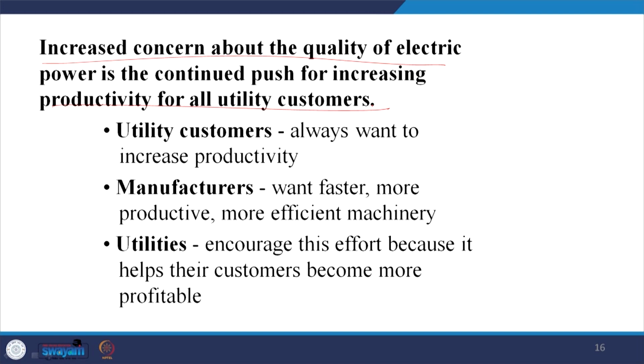Utility customers always want increased productivity, and manufacturers want faster, more productive, more efficient machinery. Utilities also encourage this effort, because it helps the customer become more profitable, and in that way they can also sell the power at a good tariff.